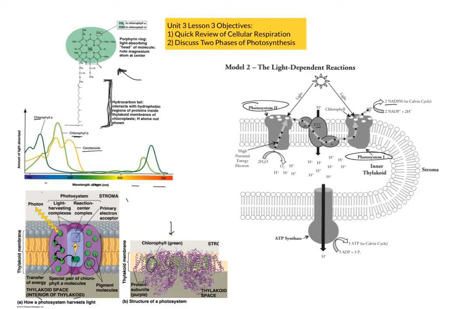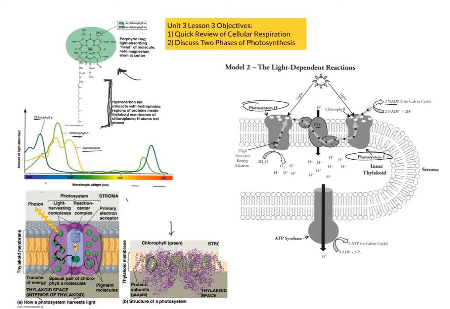But the head of this molecule has a light absorbing region, with a magnesium at the center, that allows it to absorb the energy from a photon of solar energy and pass that energy along throughout the photosystem in order to ultimately excite electrons into the electron transport chain.